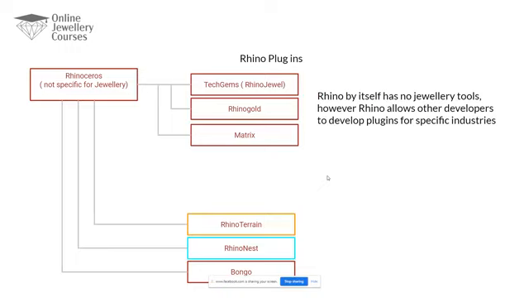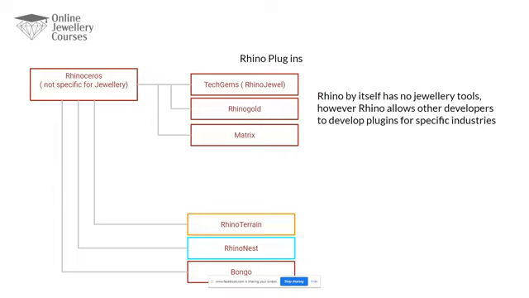Right, as I was saying, this is a little graph explaining what I've just said. Rhino, not specific for jewelry. Then some companies develop little plugins for jewelry. These plugins could be Tech Gems, that will be renamed as Rhino Jewel, then Rhino Gold, and then Matrix. With those three, you can make jewelry.